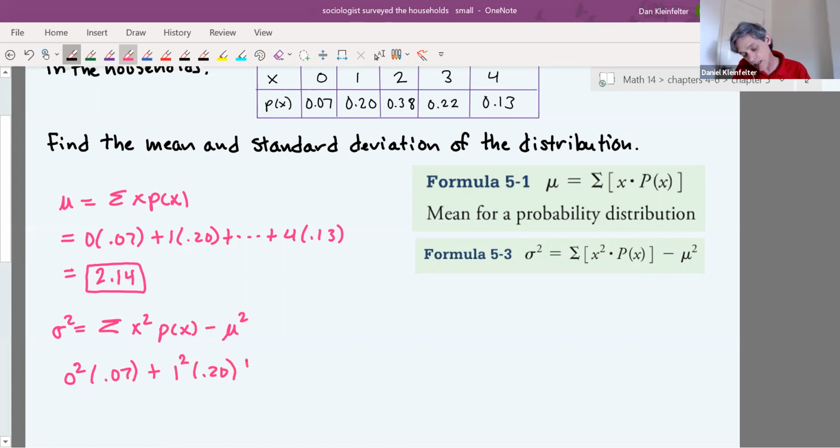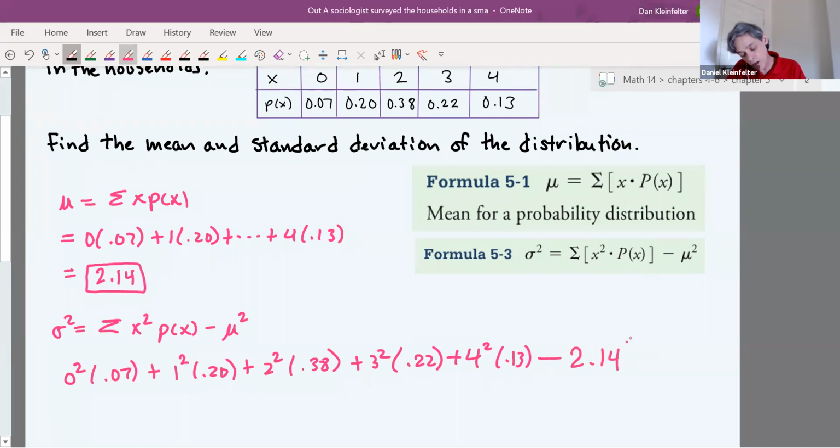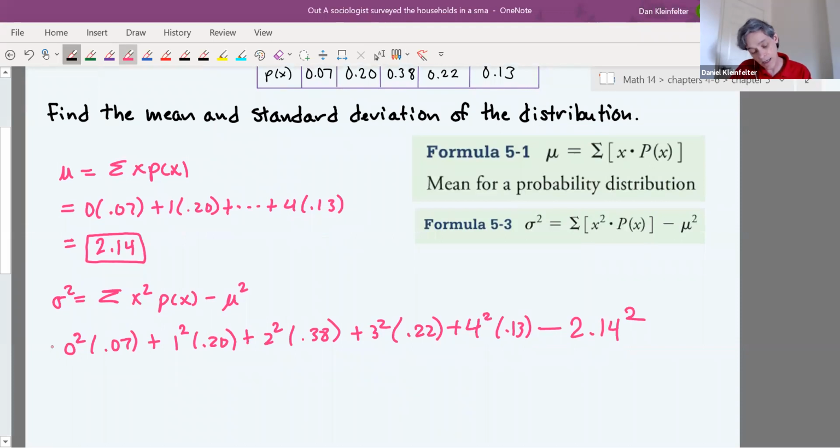That's not very exciting so far. 2 squared times 0.38. 3 squared times 0.22. 4 squared times 0.13. There's the x squared p of x's. Then we add all those up, and then we'll subtract the 2.14 squared. That 2.14 is what we calculated just a minute ago. All right, let's see how this variance comes out.